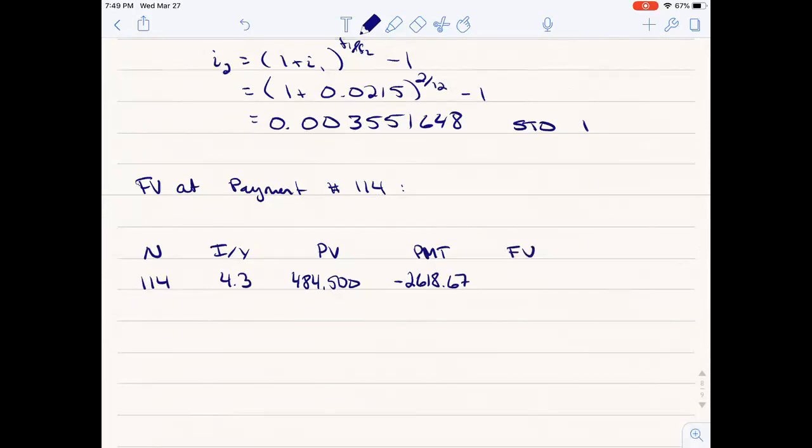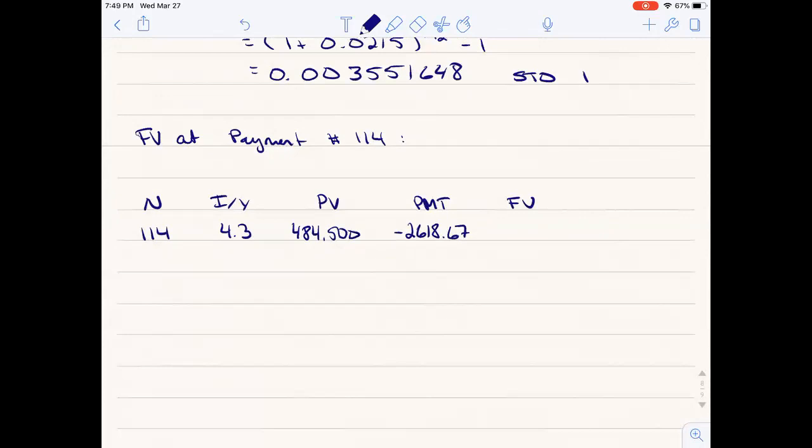The future value is the one we want to find. The payments per year and the compoundings per year are still the same, so 12 and 2, and the beginning or end part is still at the beginning.